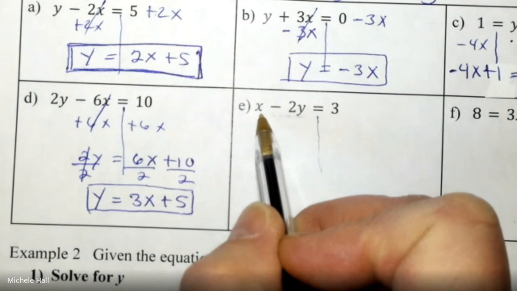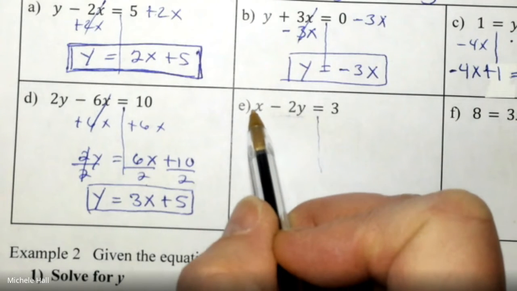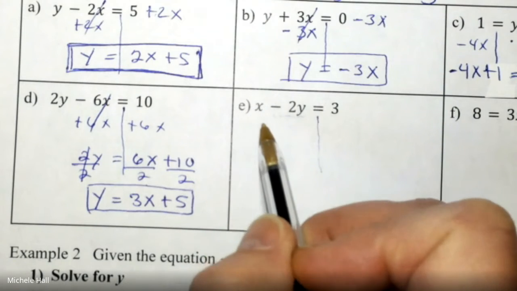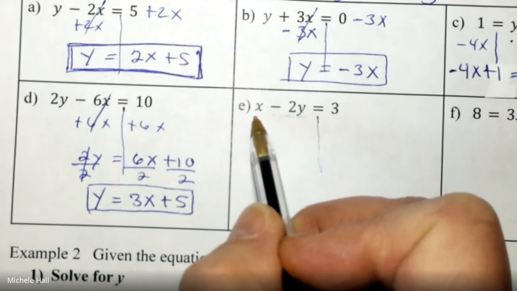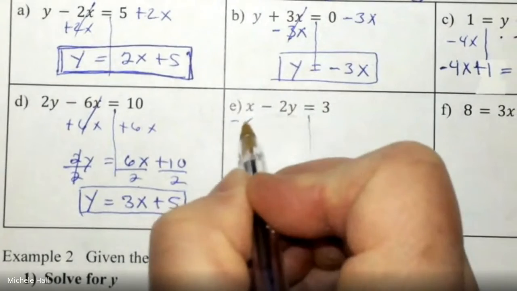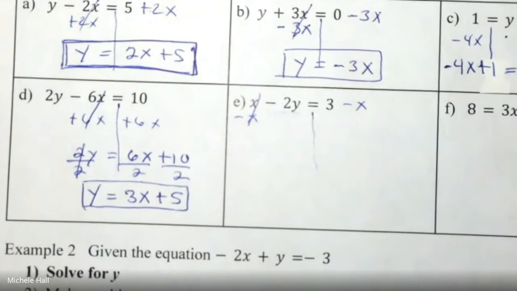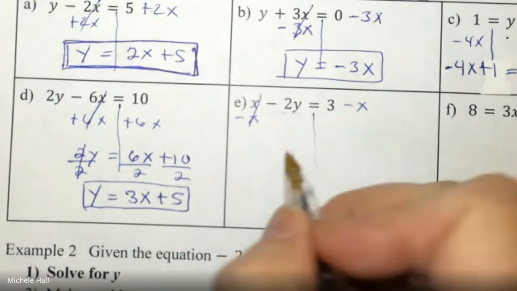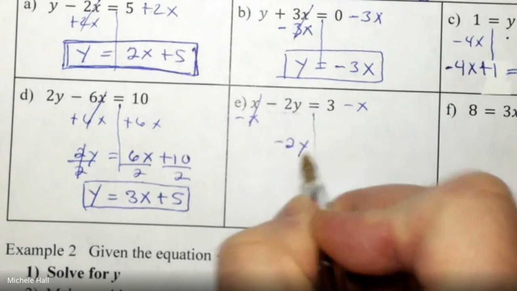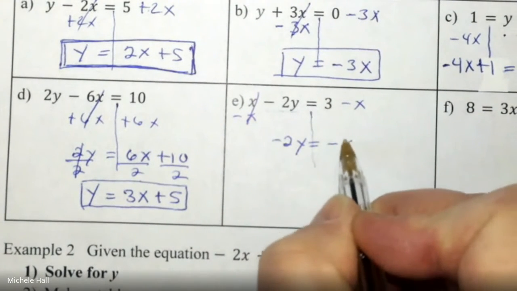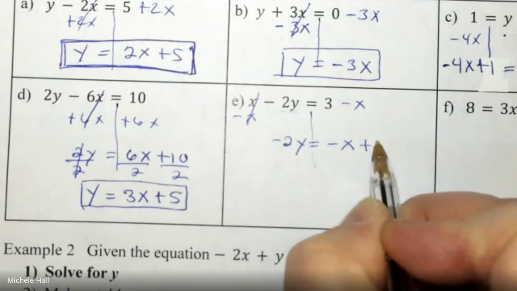Thank you, Christina. If I look in front of x, there's no sign there. That's how I know it's positive. Christina, what's the opposite of a positive x? I'm going to subtract x from both sides. They cancel. And you need to bring down the negative 2y. Some of you are dropping that sign when you bring it down. And then I'm going to put my x first, negative x, and it's a positive 3.